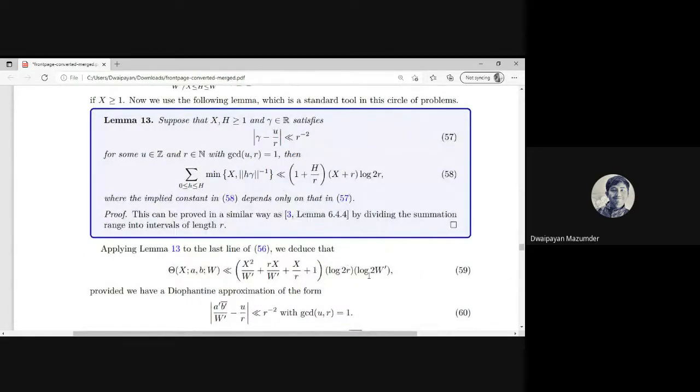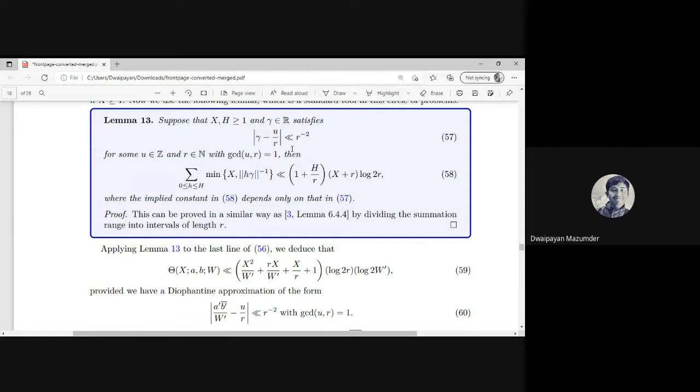and the bound looks like this. For the bounding part, you use this lemma, that if your gamma can be in this range, gamma minus u by r is at most 1 by r squared, then we have that. Okay, we will prove that yes, this is indeed the case. This is a very interesting part of that.